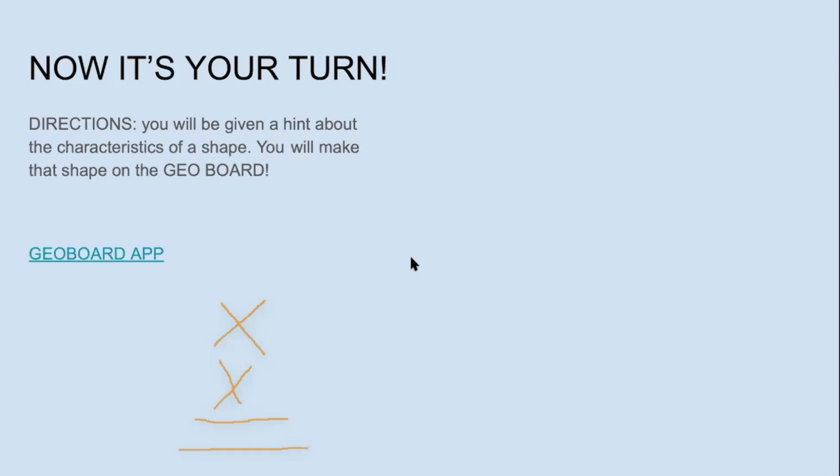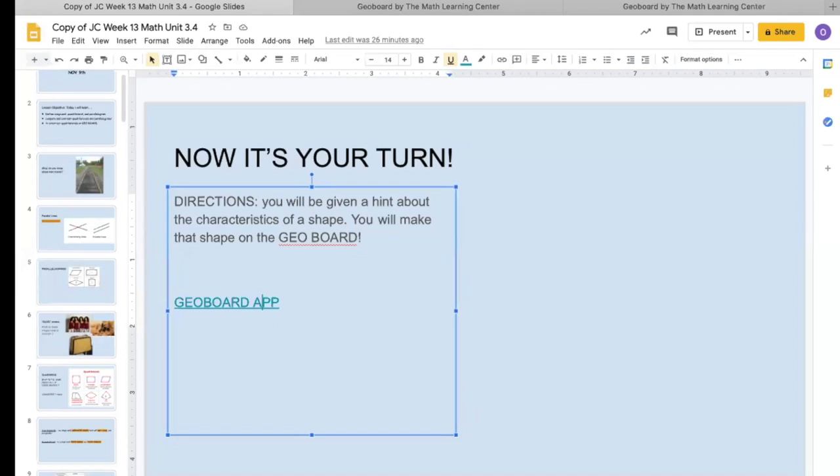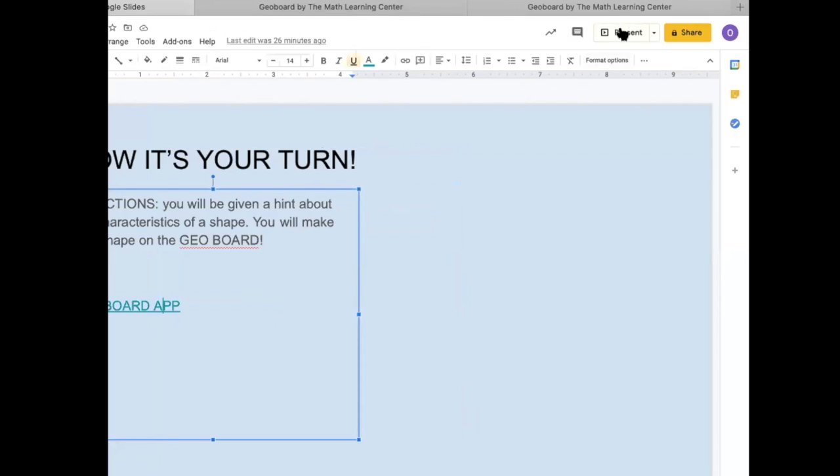We're going to do a little challenge, okay? I'm going to stop sharing and I'm going to give you a link in the chat box that I would like you guys to go on. This link is going to take you to a virtual geoboard, okay? So I'm going to share my screen again here, and I'm going to give you a hint of a shape that I am thinking of.